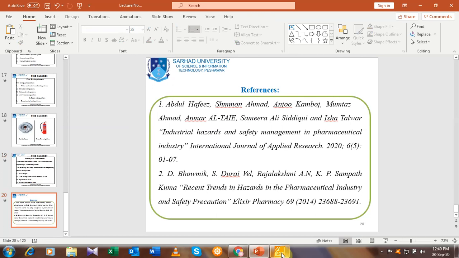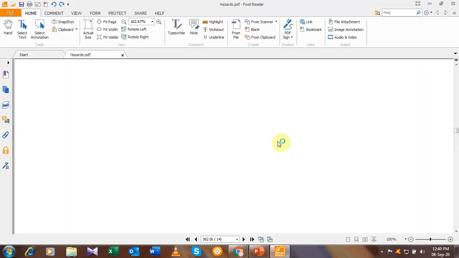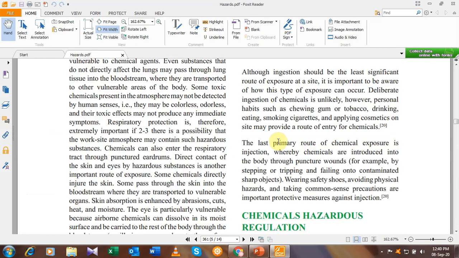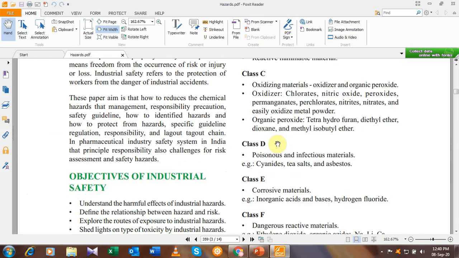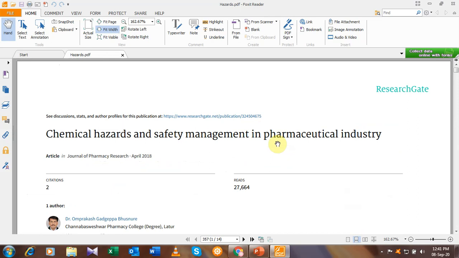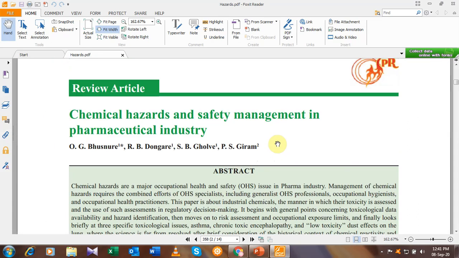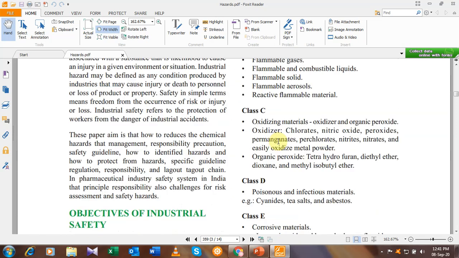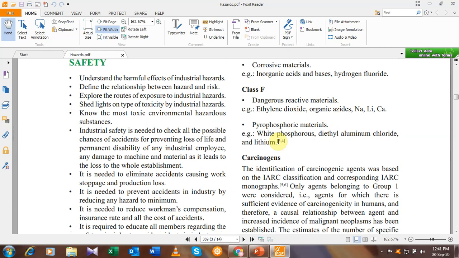There are two papers, one of which is on the hazard: chemical hazard and safety management in the pharmaceutical industry. That is the title of the paper, a review article in the Journal of Policy Research, covering different types of hazard.